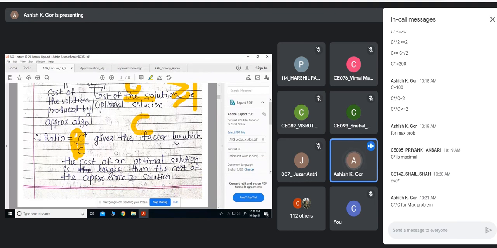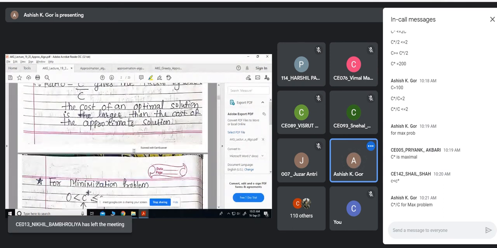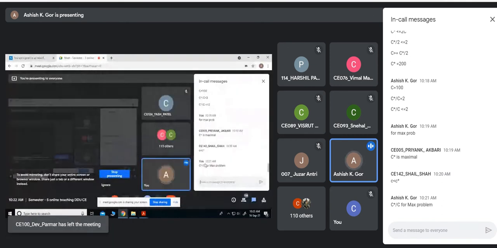It gives you a factor, like it could be 2, which means the maximum is 2 times the approximate answer. It could be 3, then the maximum answer is 3 times the approximate answer, and that way. Is this clear, Priyank?